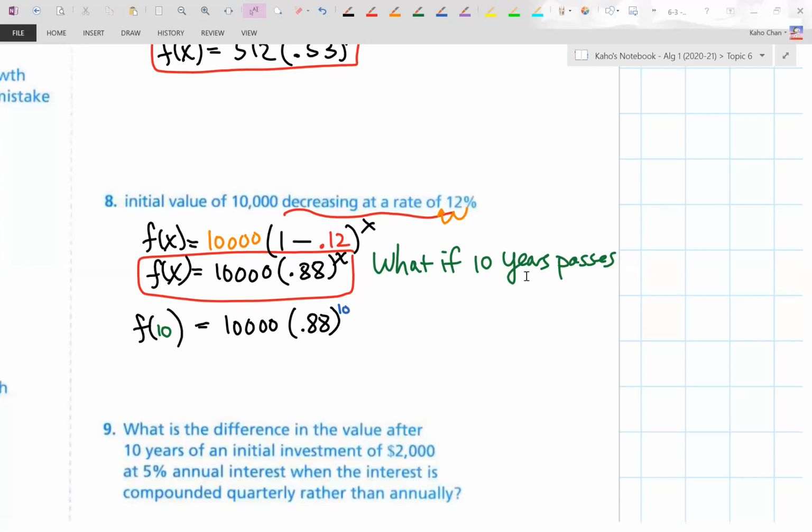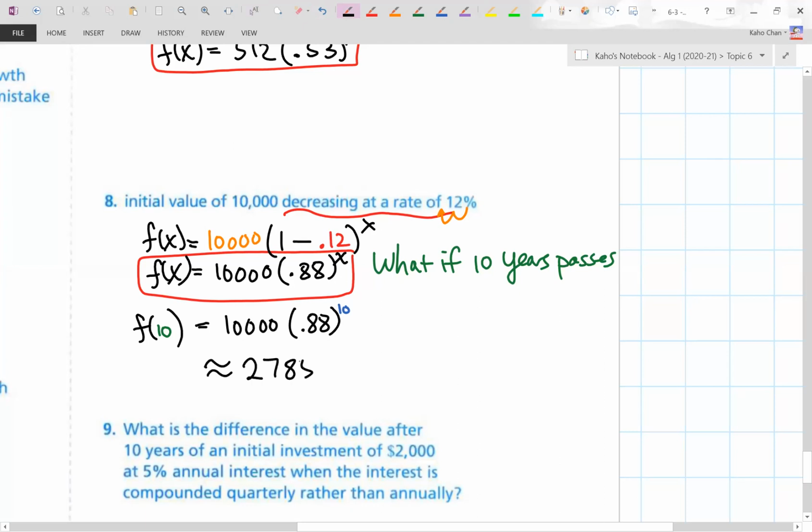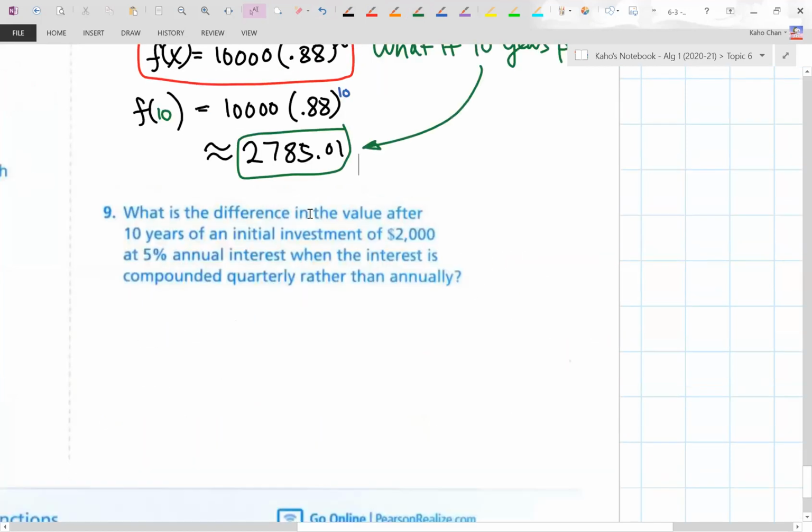How are we doing out there? Okay, so this gives me, I'll do approximate here, 2,785.01, yay. You guys ready for the last one? Okay, here we go. Word problem.